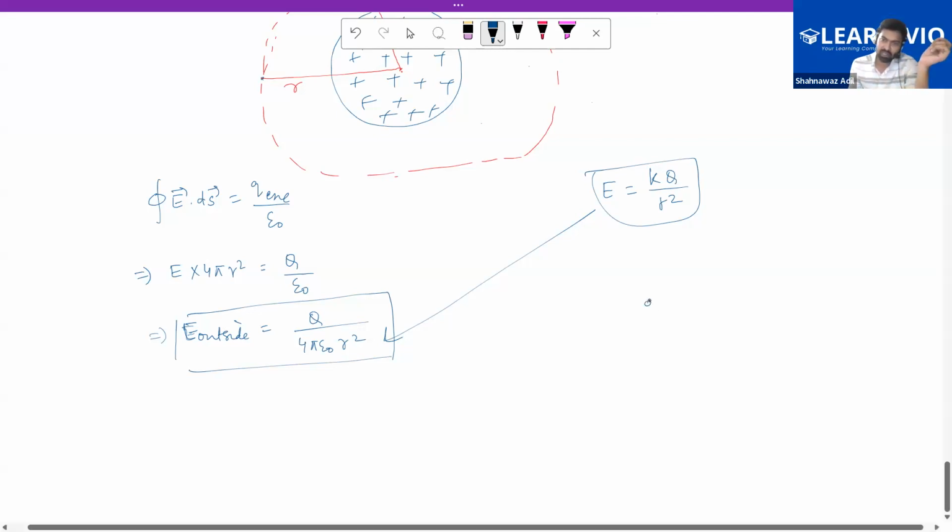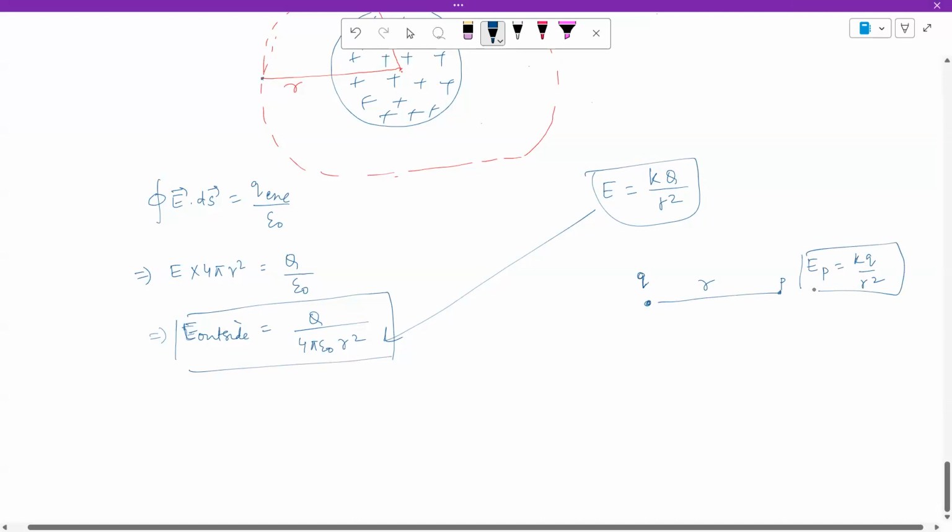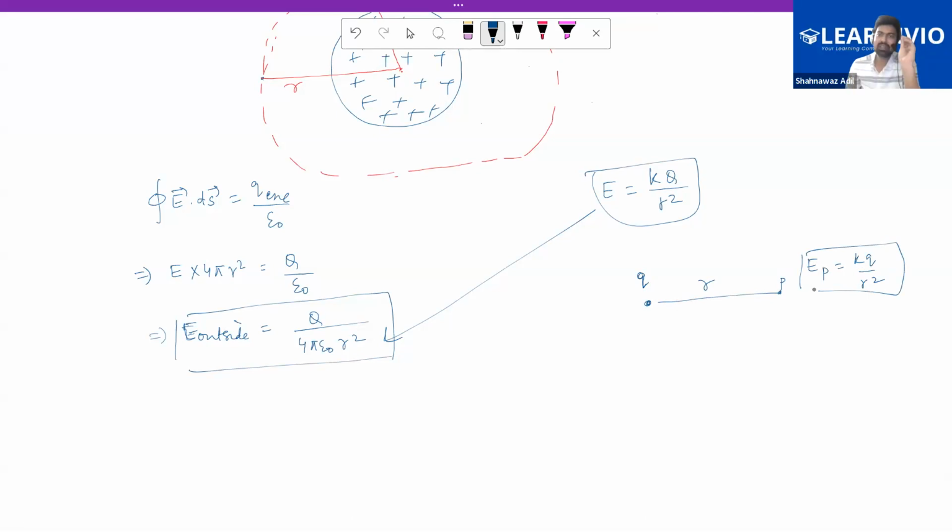If we consider a point charge, at a distance r from it, then the electric field at this point P would be simply KQ by R square. So if you have a sphere, any distribution, and we are calculating the electric field outside of that sphere, then it will behave like a point charge. This is what I want to convey. Is it clear, guys?